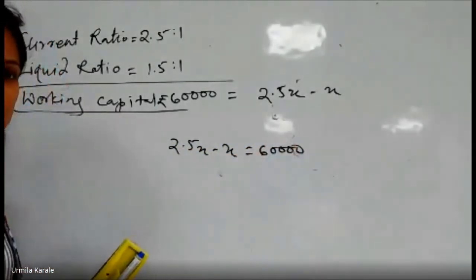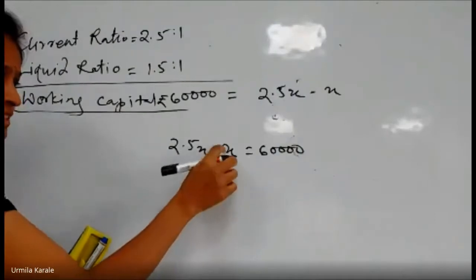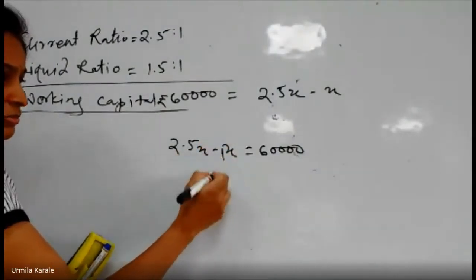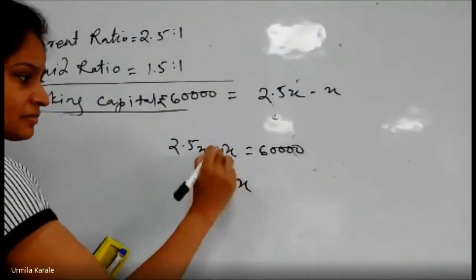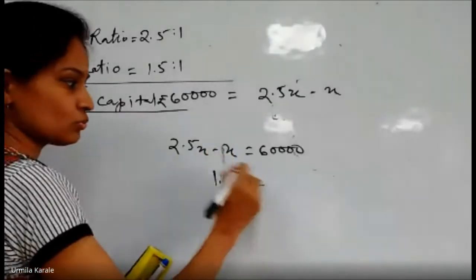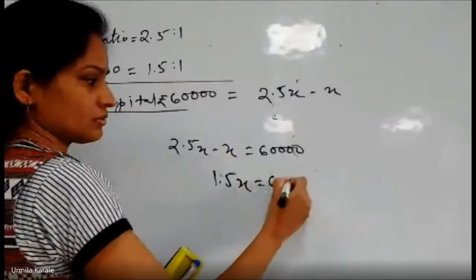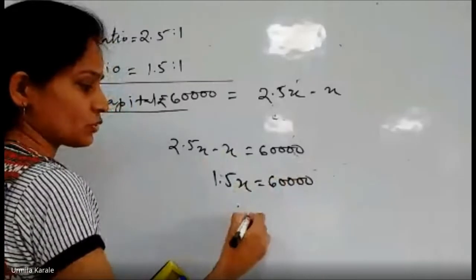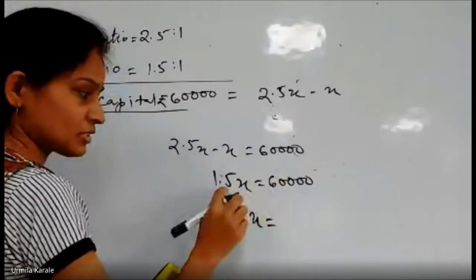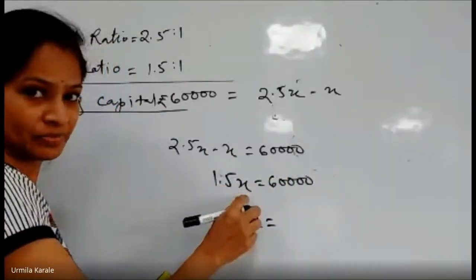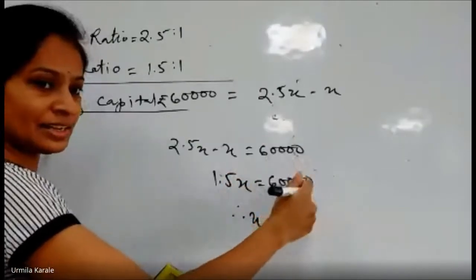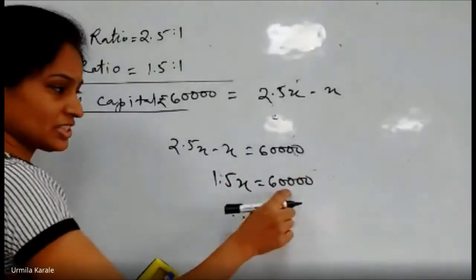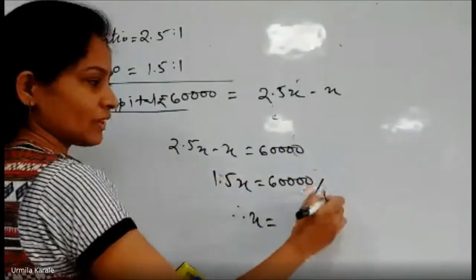Now if you solve this less this, we'll consider that here it is 1, then it will come 1.5x equals to 60,000. Okay, so x equals to 60,000. Now here it is multiplied by, so when it moves to this side, that will be divided by. Now 60,000 divided by 1.5.